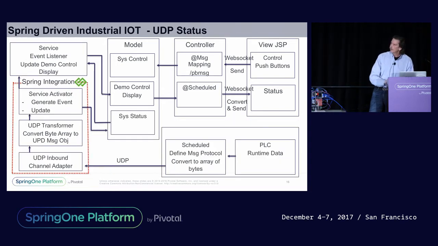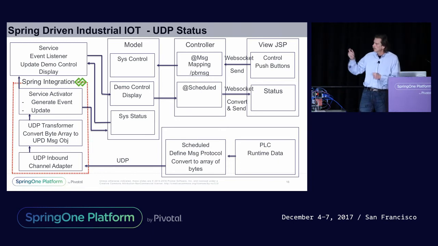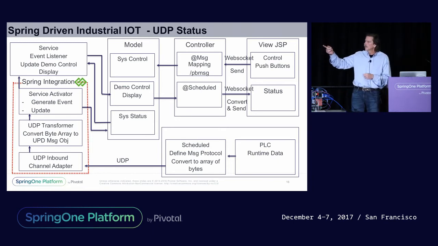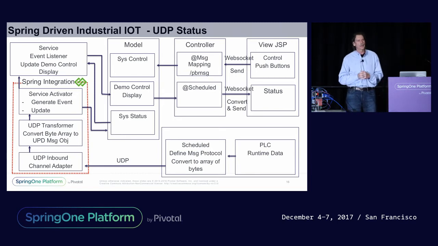Now, for updating the status data, we do not have to handshake on that. So we use UDP for that. In this particular case, we are scheduled to send the status data on a given interval, and we're talking about intervals of 300 microseconds.